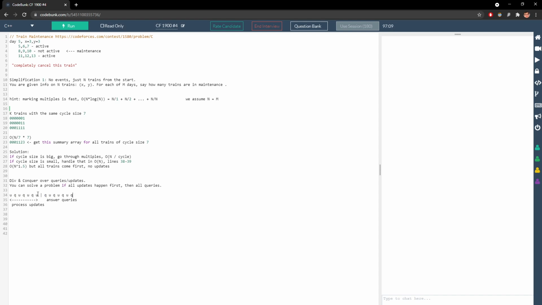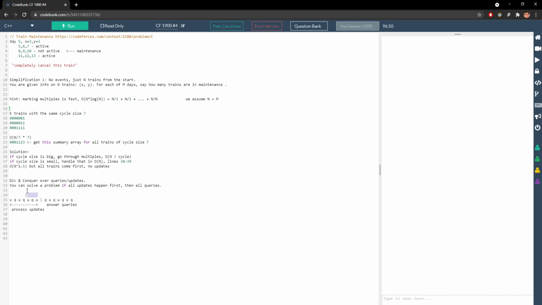And then I go recursively in both halves, and in this half on the left, I split it in two, here. And again, I process updates from here, and I apply it to answer queries from the right part, so from there.